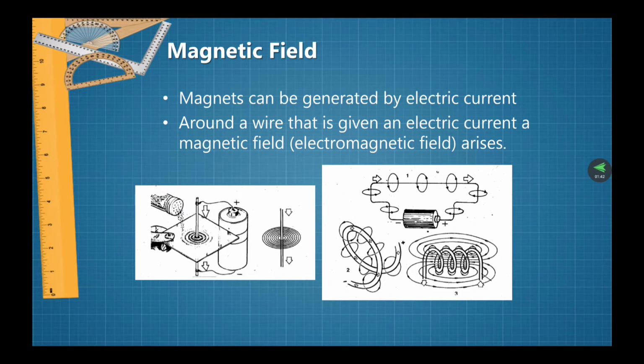And this is the illustration of how the magnetic field is created or generated. We can see this is a battery, and then the current can generate the magnetic field.